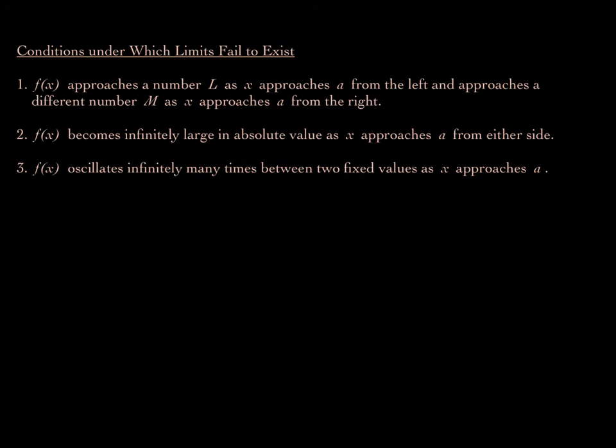This describes that trig function, sine of 1 over x. The function values couldn't make up their mind. They were above the x-axis and below the x-axis, and that happens more rapidly as you approached 0. So the limit failed to exist.